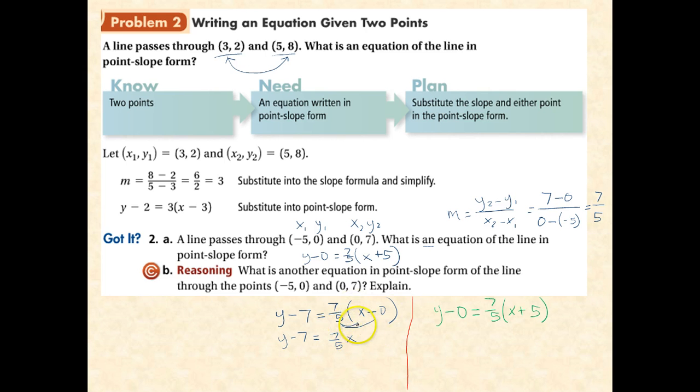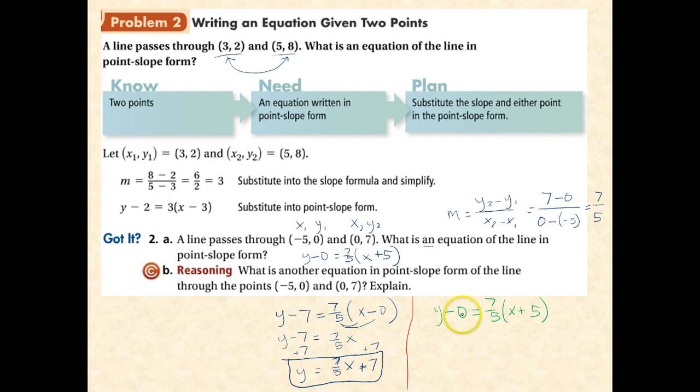And then 7 over 5 times 0 is 0. So plus 0, but I don't really need to write that. But I can add 7 to both sides, and I get y equals 7 over 5x plus 7. So if these are really the same line, they should have the same slope and the same y-intercept.